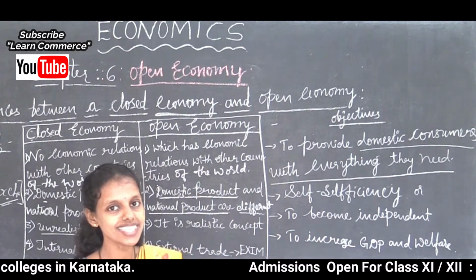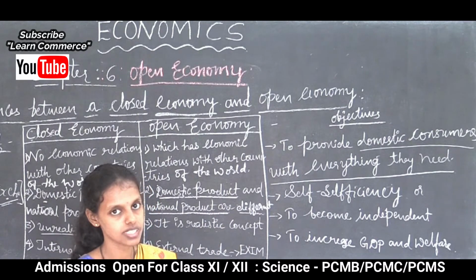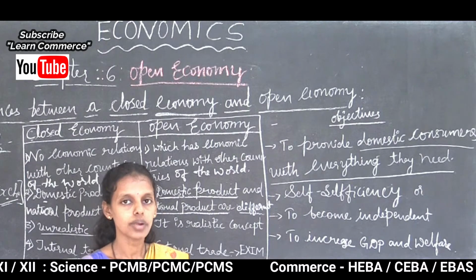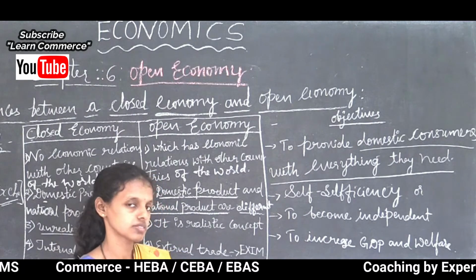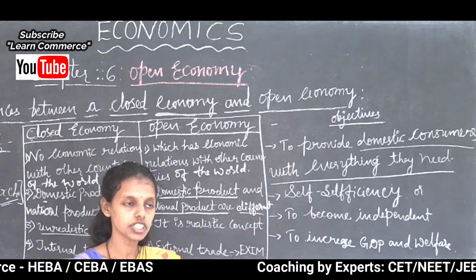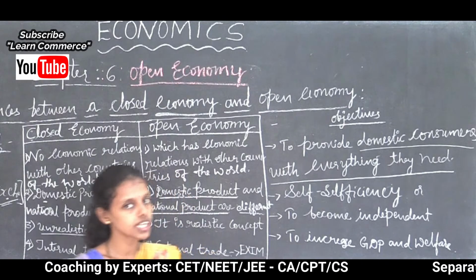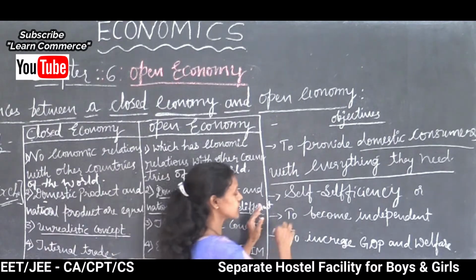The main aim is to provide domestic consumers with consumption goods through production. Only production and consumption are given more importance rather than distribution and exchange of goods and services with other countries.